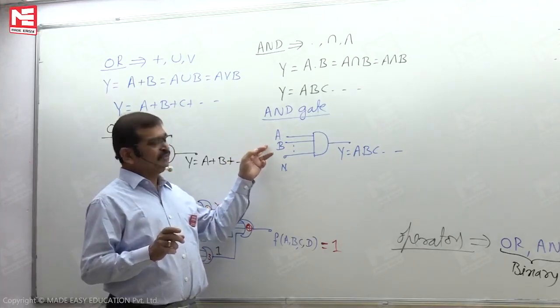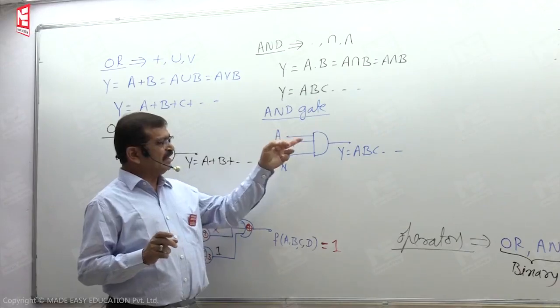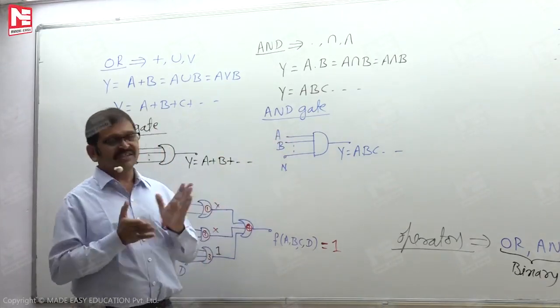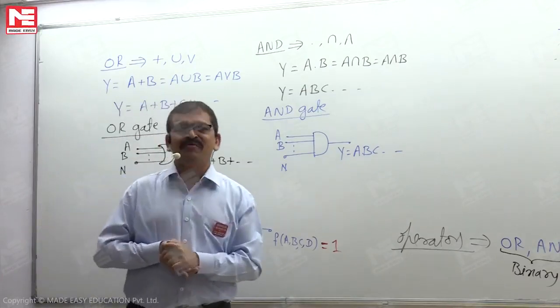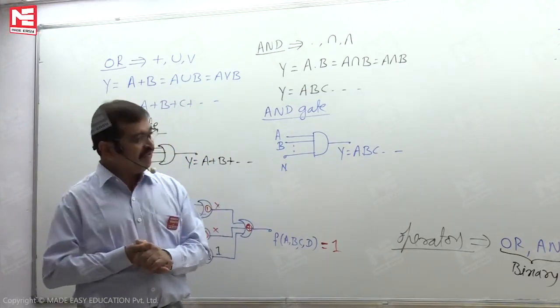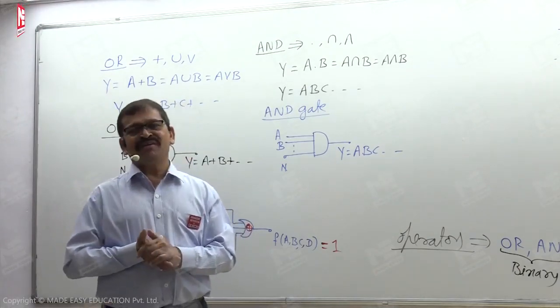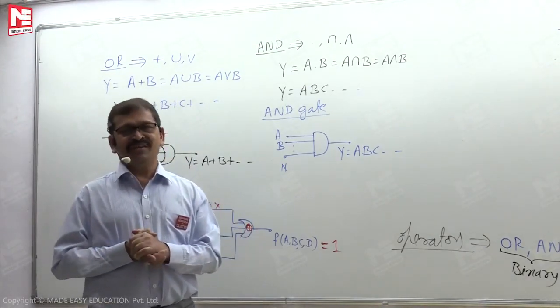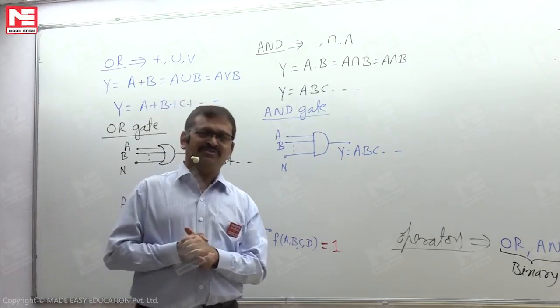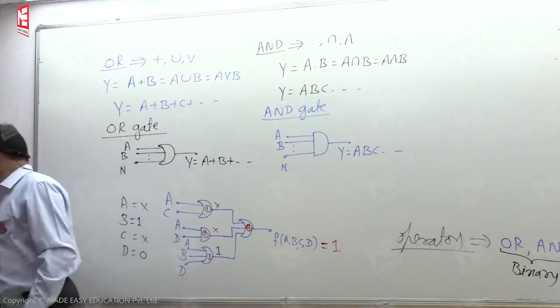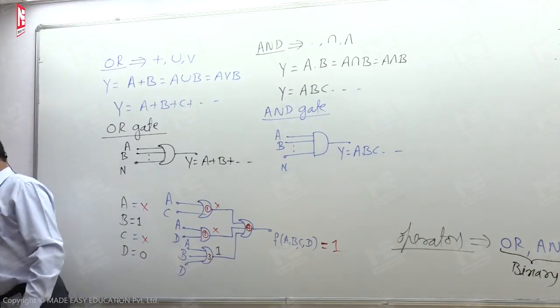If at all B is 0, then the response of the device is independent of the other 2 inputs. So based on this, I said the enable input will make the device active. The disable input will make the device inactive. So that is the meaning of the words enable and disable.